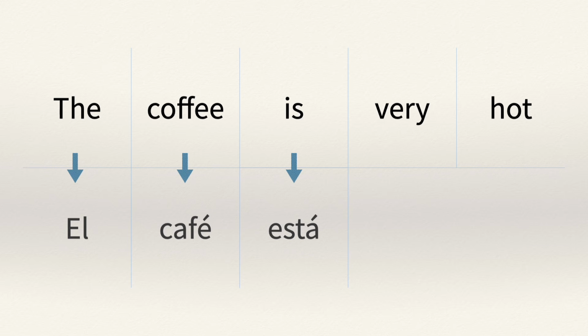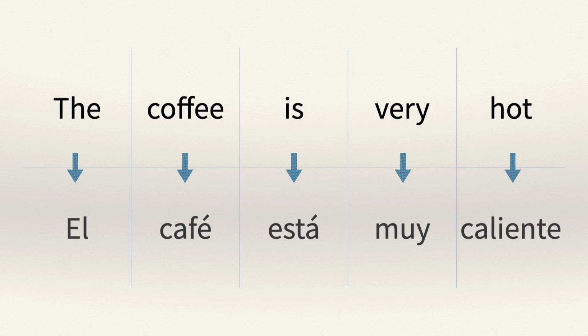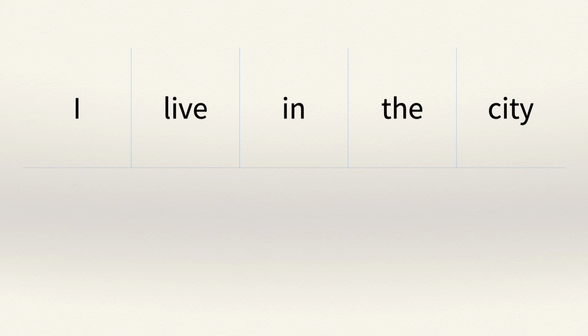How do you say very? Muy. And hot? Caliente. El café está muy caliente. Your turn to say it. El café está muy caliente. Great job. Let's take a look at the next sentence.